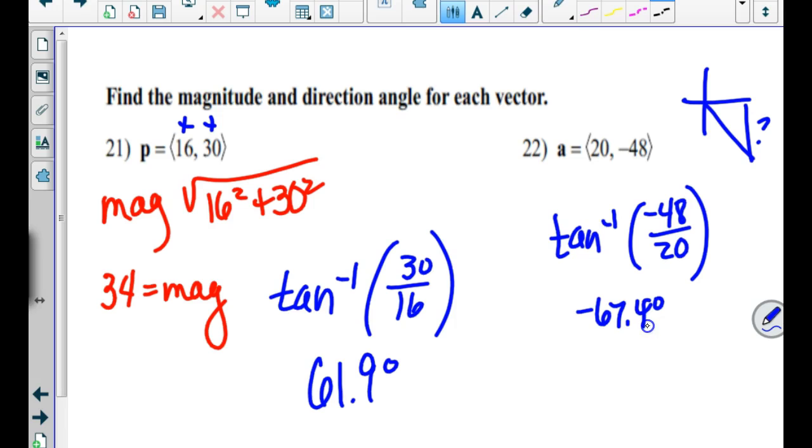Is that in the right quadrant? Yeah, you could add 360 to it, but it's okay to just say negative 67.4 as far as I'm concerned. But if it's not a choice, you'd have to add 360.